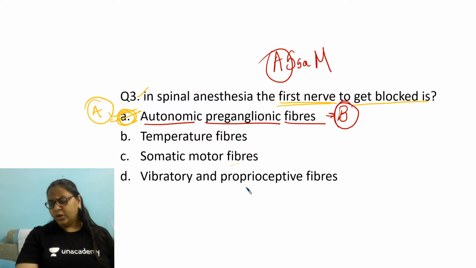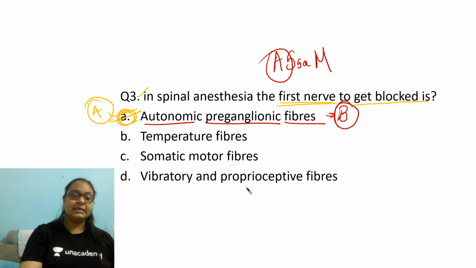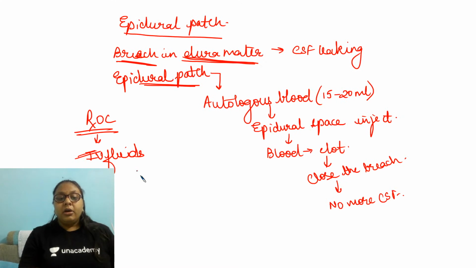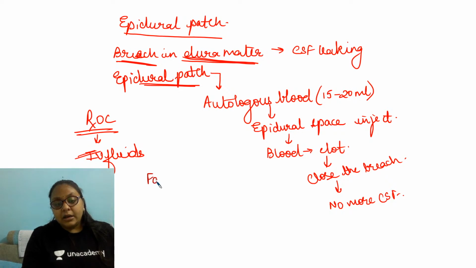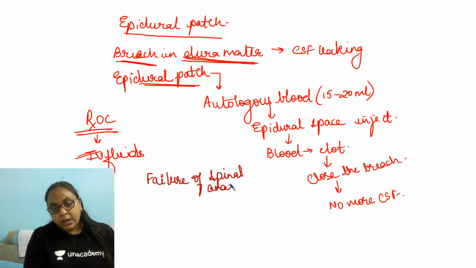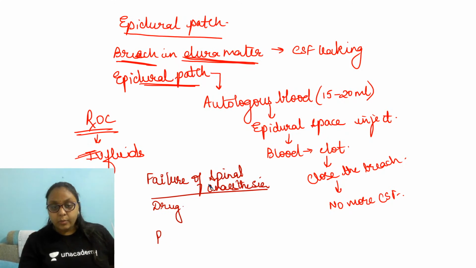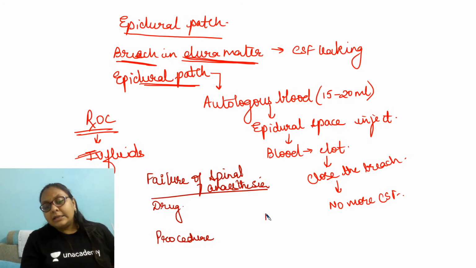Now, Dr. Ehsan has asked me, ma'am, please tell the causes if spinal anesthesia has failed. See, the cause of failure of spinal anesthesia can be because of the drug, because of the procedure, how we are giving the spinal anesthesia, and sometimes it can be patient factors also.